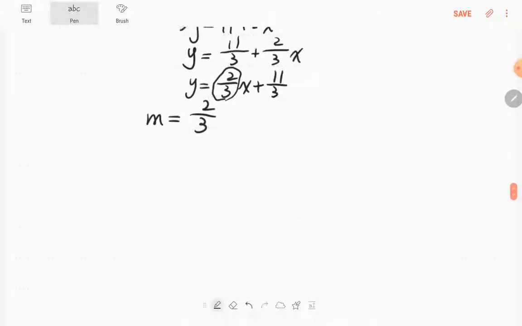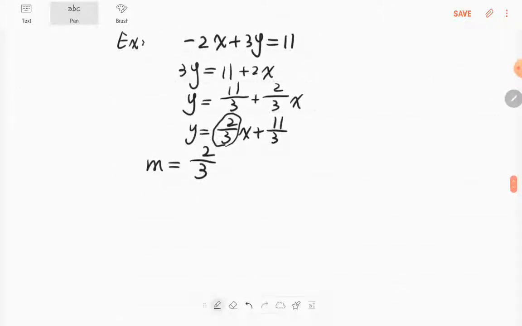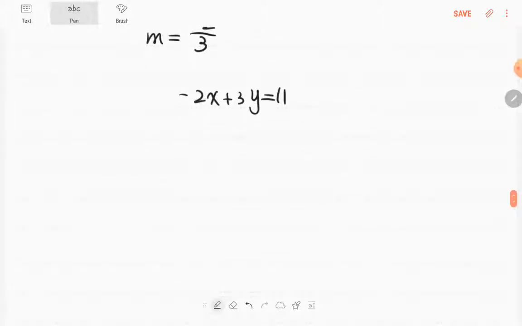Of course, this is one way. We could use another way if we want. We still have the same equation. We need to find the 2 points. How can we find 2 points? We can set x equal to 0 if we want. For the first point, x equals 0.